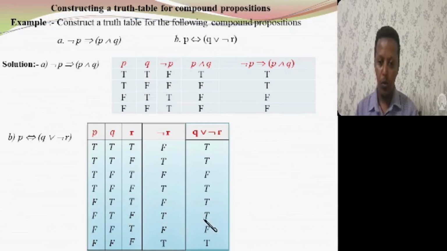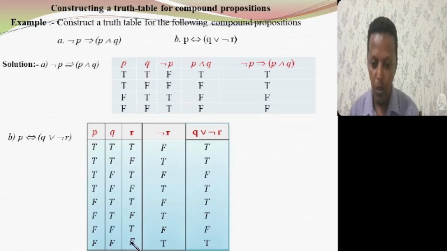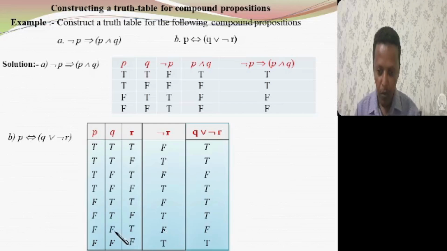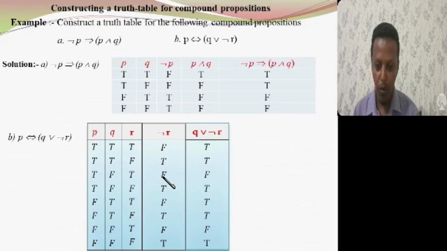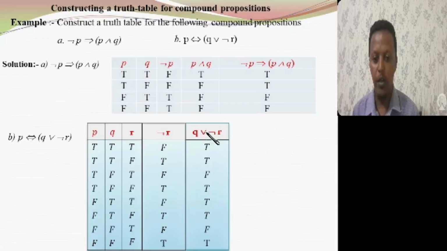True. True or true? True. False or false? False. False or true? True. Only when both are false, false or false becomes false. Otherwise, it is true. So we finish Q or negation R.